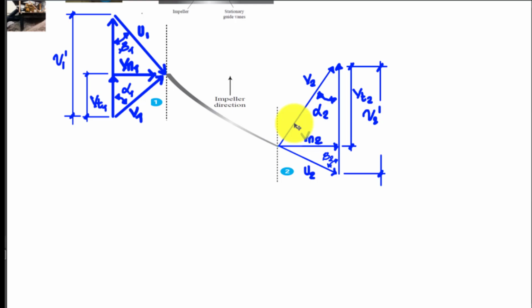Just let me try to do that. I'll show you, just combining or redrawing those velocity triangles in just one figure.